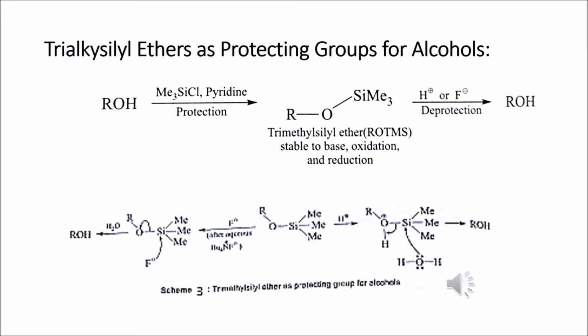However, trimethylsilyl ethers are not particularly stable and are cleaved under acidic or basic conditions and are attacked by certain nucleophiles. You can see this in the reaction scheme. The mechanism of deprotection is outlined here also in the second reaction.